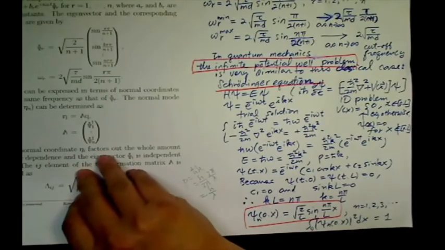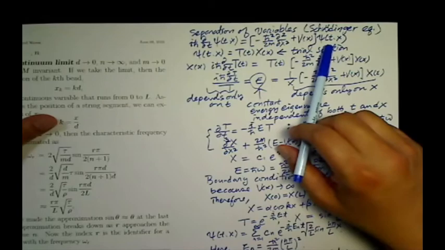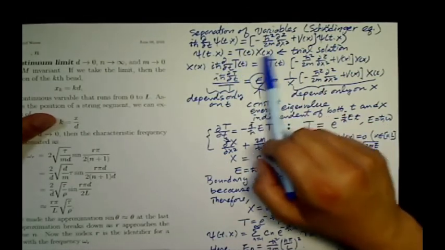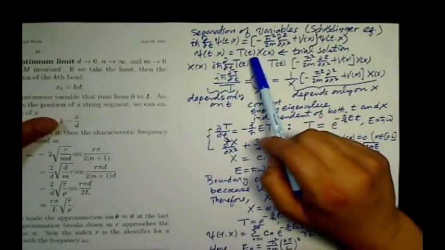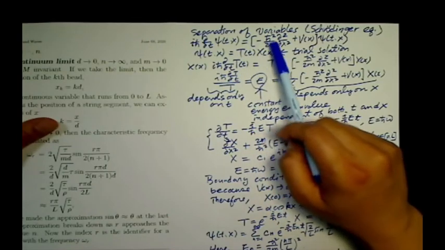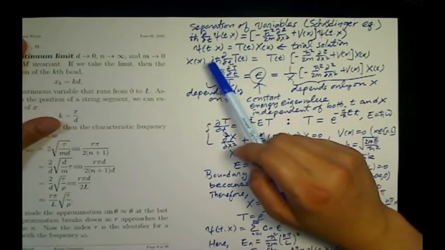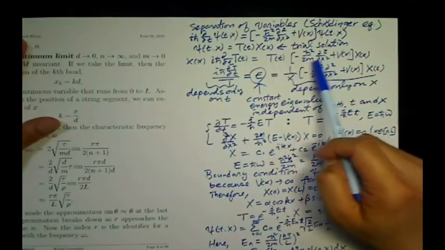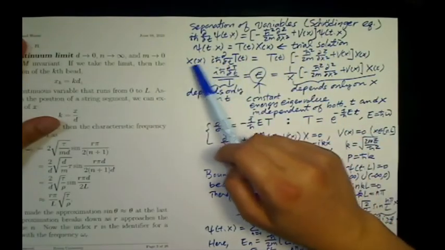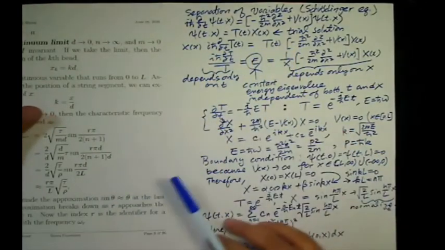We can consider this further in detail. This is the time-dependent Schrödinger equation. We substitute the trial solution with the factored form, where capital T is the time-dependent factor and capital X is the spatial component. If we substitute, the x and t factors come out because these derivatives do not change the x and t dependent piece.